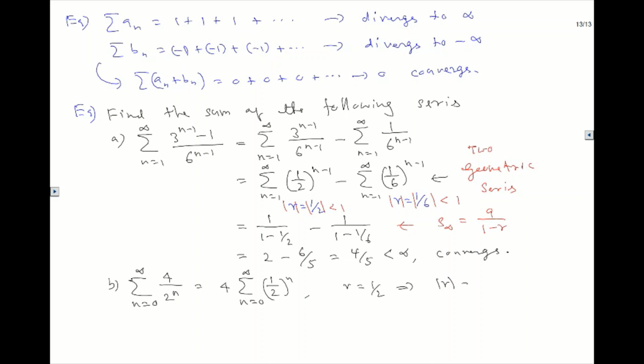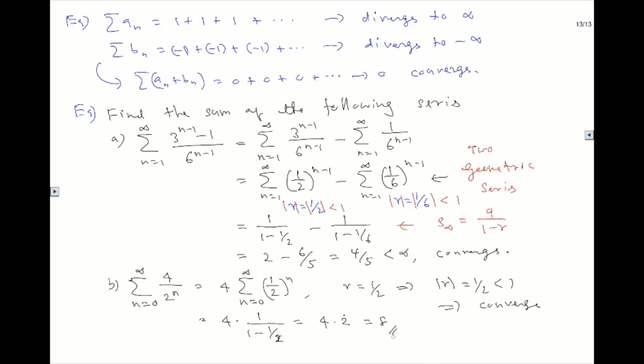The absolute value is 1/2, which is less than 1, which implies it converges. So it converges to a over 1 minus r. The a means when you apply n equals 0, you get (1/2)^0, that's a, so it's 1 over 1 minus r. r is 1/2, so 1 over 1/2 is 2, and you're going to get 4 times 2, so that means 8. So this one converges to 8.